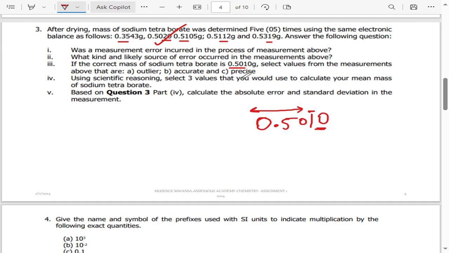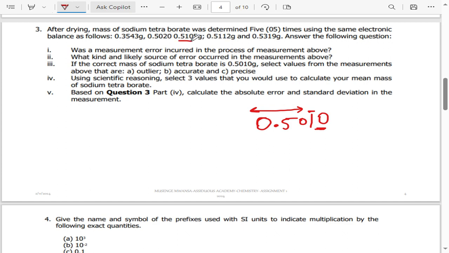And then precise. What is precise? Precise is where the repeated values are close to each other. So if you look at 0.502, 0.51, now 0.502 is really not precise. So precision is looking at numbers which are close to each other, repeated values.